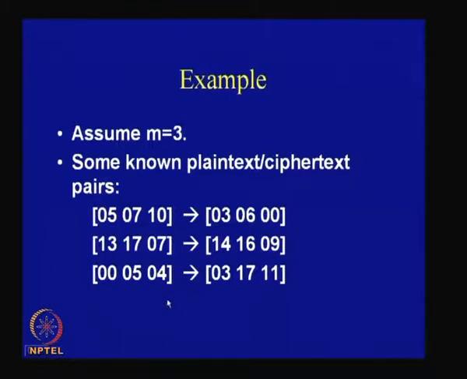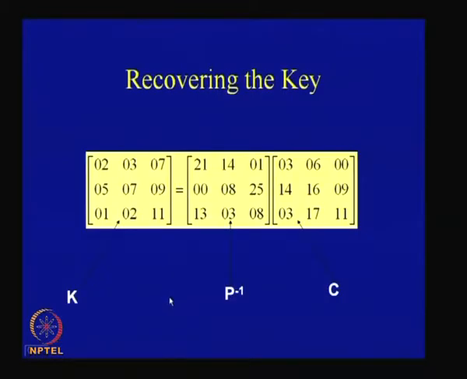You can form the plain text and ciphertext matrices and use them to obtain the inverse of the matrix P. In this case P is luckily invertible. If P is not invertible, then you have to obtain more plain text ciphertext pairs and find out which one is invertible. From there you can obtain the key K by multiplying P inverse with C. So this is quite straightforward.